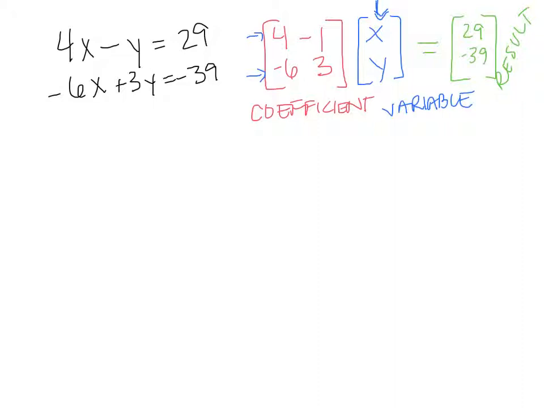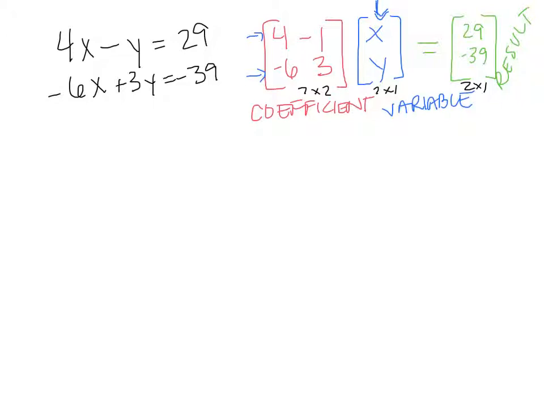Think about what you know about multiplying matrices. This is a 2 by 2 matrix. This is a 2 by 1 matrix. So when you multiply them, you know you're going to have a 2 by 1 matrix as the result. And so we were able to turn that into a system using matrices.